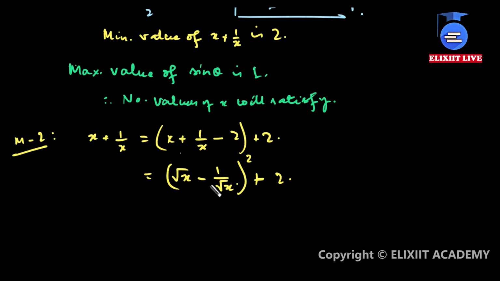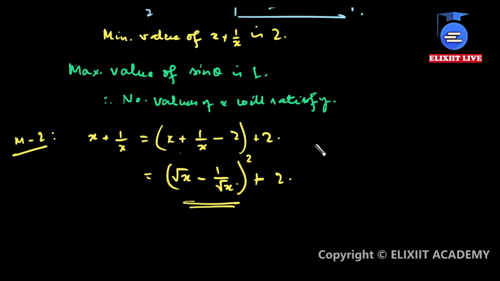Fine with this. So ultimately this is a positive quantity. Root x minus 1 by root x whole square is a positive quantity. The minimum value it can take is 0. It cannot be negative; even if you take a negative value, it will give back a positive value.